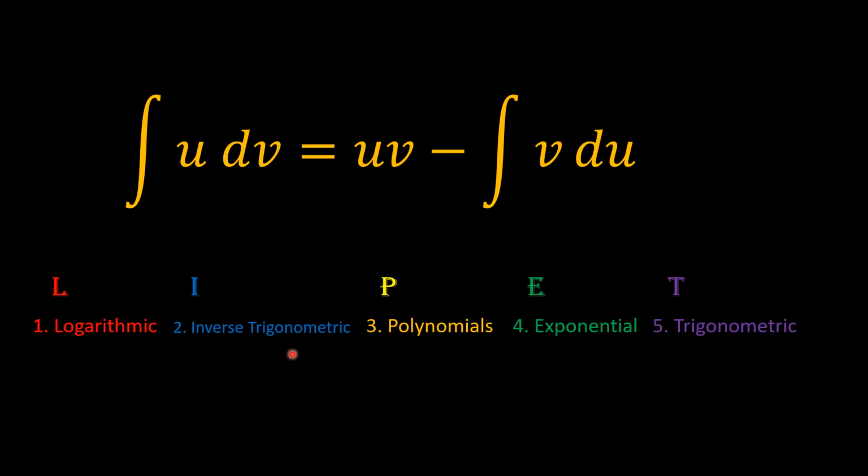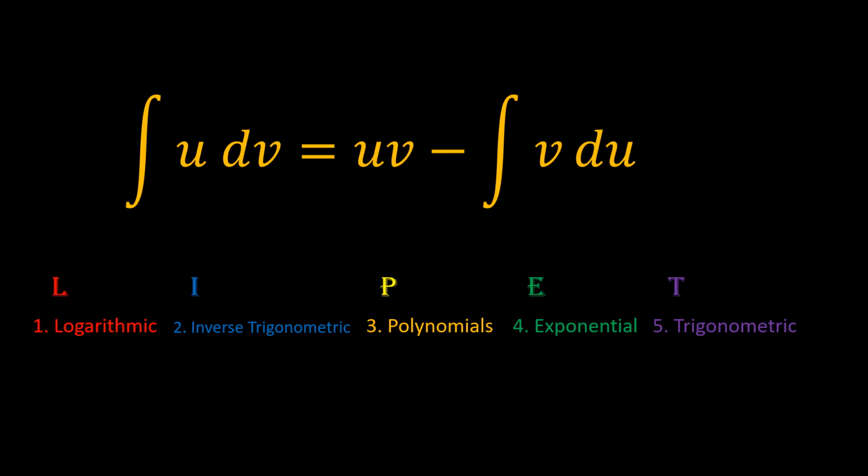Those are like sine inverse, cos inverse, tan inverse, etc. The third place is polynomial, like x squared, x cubed, x to the fourth, etc. And number four is exponential functions, such as 2 to the x, 3 to the x, 5 to the x, or e to the x, a very important one in calculus, the natural exponential function. And last place for u selection is trigonometric functions like sine, cosine, tangent x. So now you know that that's always going to be your last choice.